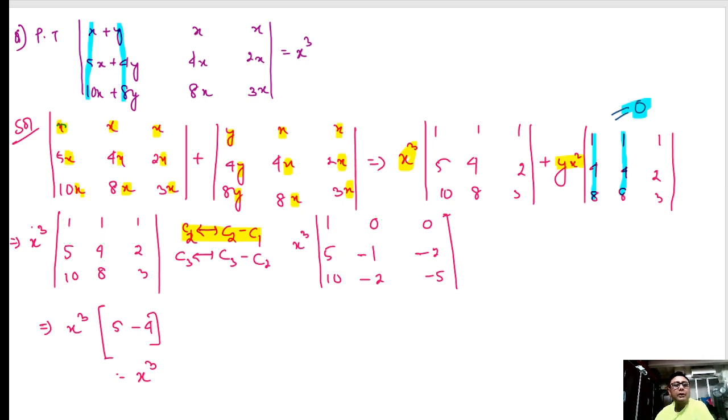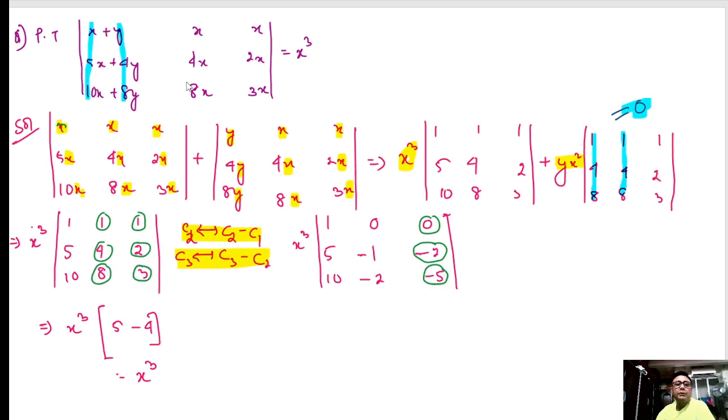Now we will do the second operation. C3 minus C2, that we will put in the third column. So that is 0. Put it in the third column. 2 minus 4 is minus 2. 3 minus 8 is minus 5.